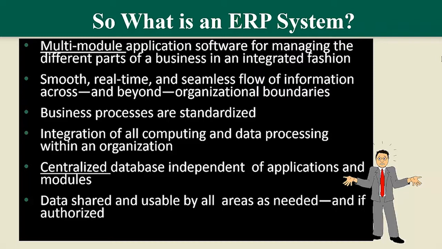Business processes are standardized. There's integration of all computing applications and data processing within the company. They use one centralized database, independent of applications and modules. And the data can be shared and used by all people in the company if they're authorized.